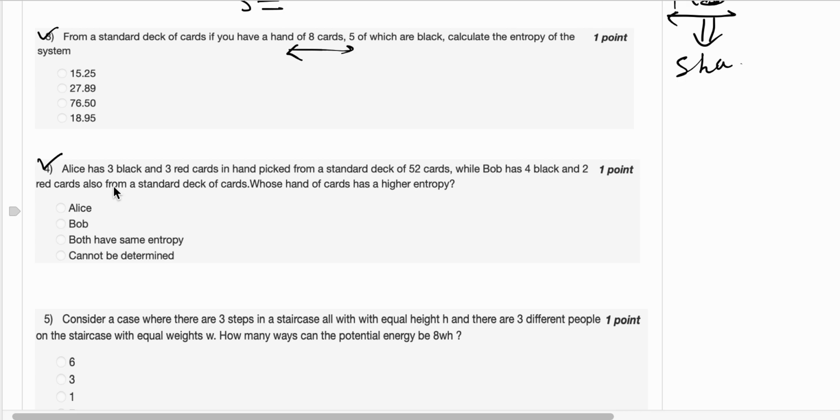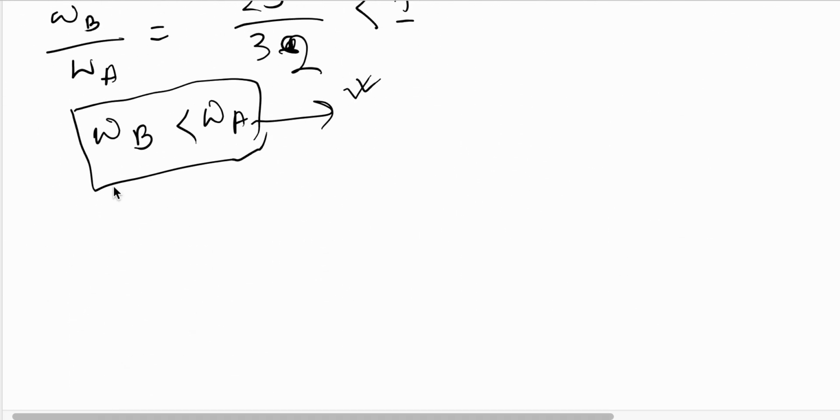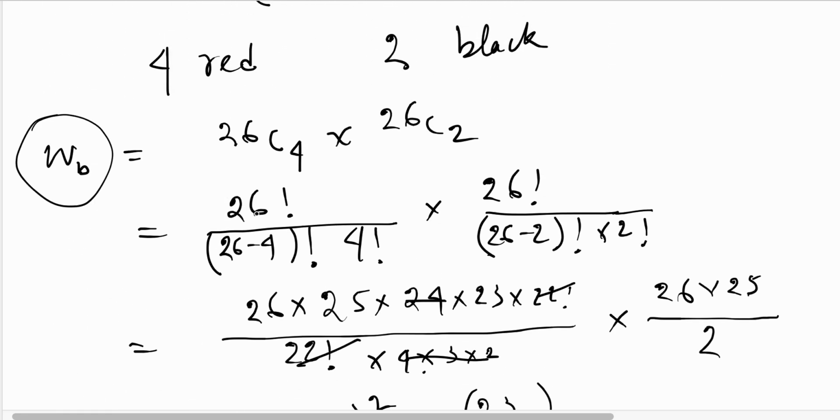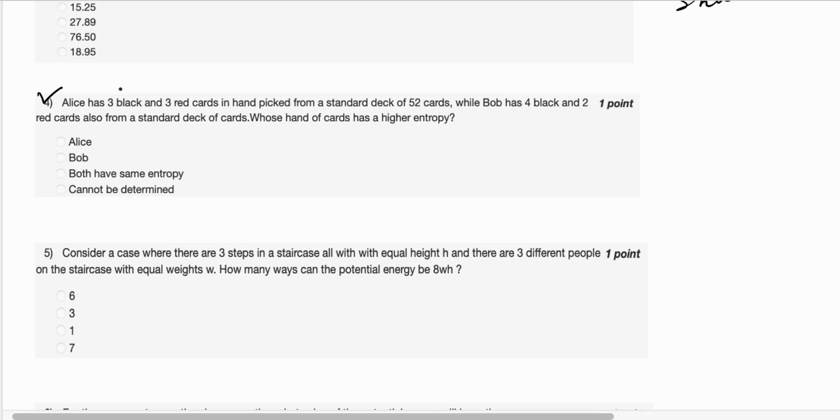Out of 3 black and 3 red, Alice has greater entropy, which means Alice's situation contains less information, because it has the same number of black and red balls, so it contains less information about the structure.